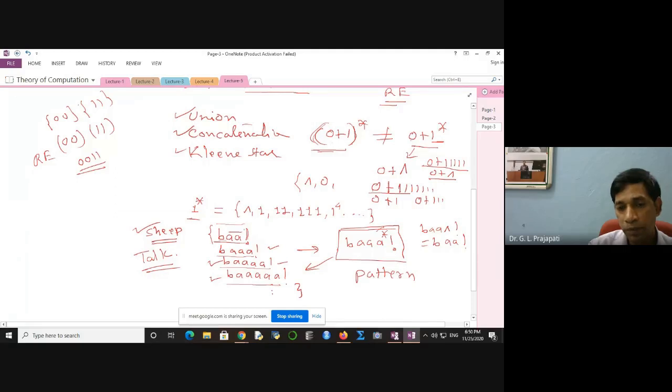All such patterns of strings are described by the formula BAA clean star and this special symbol you have. So this is the pattern, and once you use this pattern, then you will find all occurrences of the sheep talk in your text. So this is the usefulness of the regular expression.